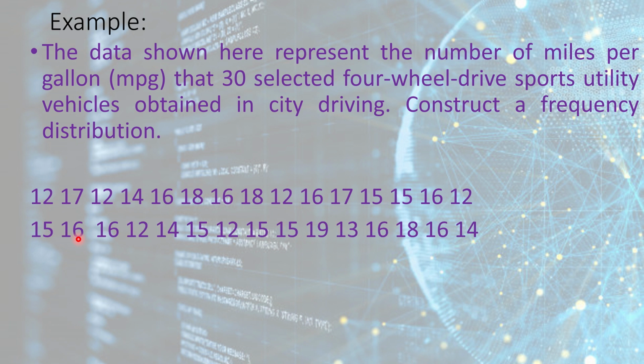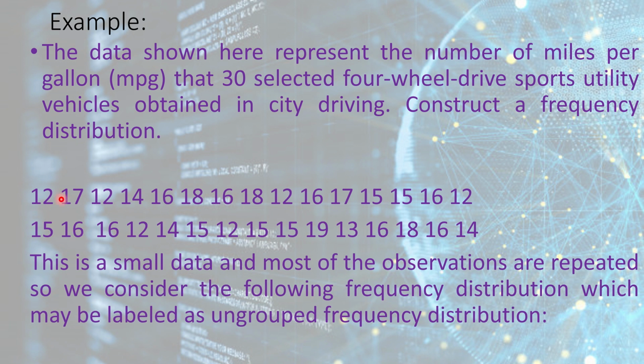If you look into this data, it is a small number of data points, but their number is large, right? Because most of the observations are repeated. So in this case, we are not using a group frequency distribution. We usually use an ungrouped frequency distribution.